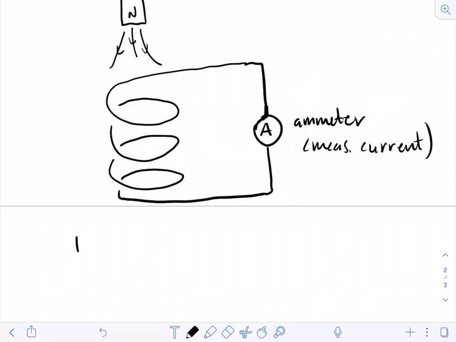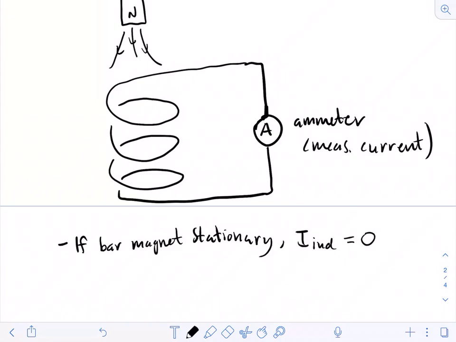If we did that, we would find the following: if the bar magnet is stationary, then I induced is equal to 0. We would measure no current with our ammeter.